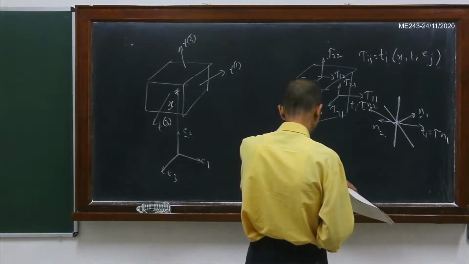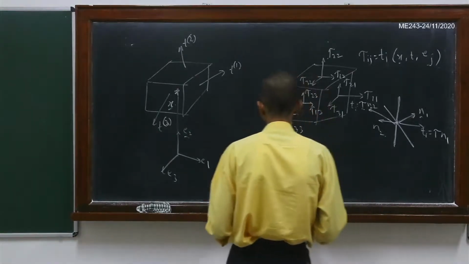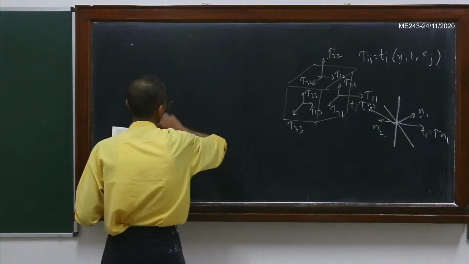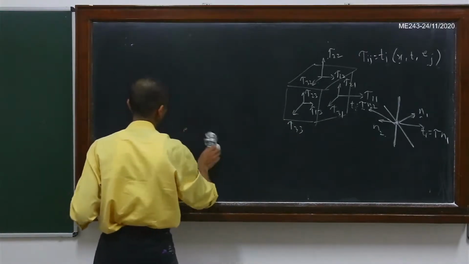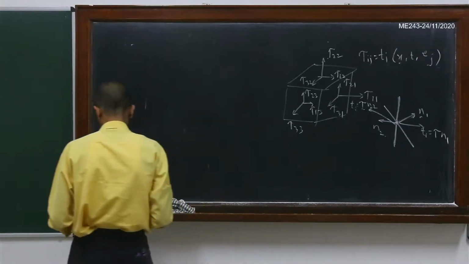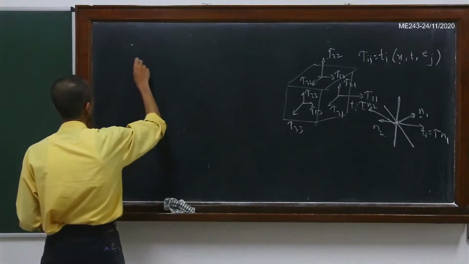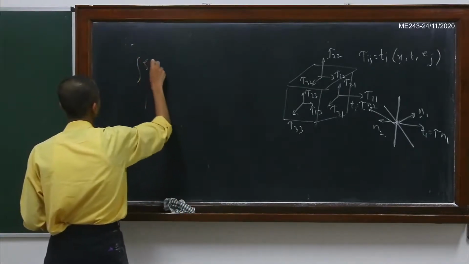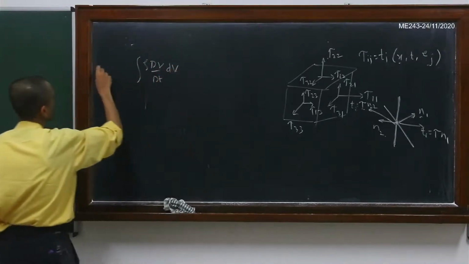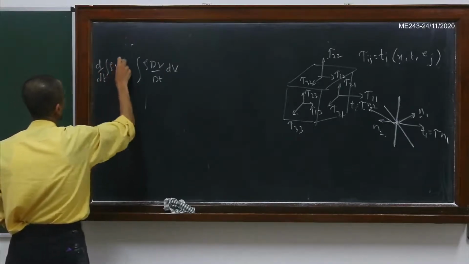Fine. Now we will use all these results to derive the second result. So that is this, t is equal to tau n. We will simply substitute in the balance of linear momentum, and that will lead us to the governing differential equation. So let us look at that. We will again write rho times dv by dt times dV. So this is just d by dt of the integral of rho v times dV.